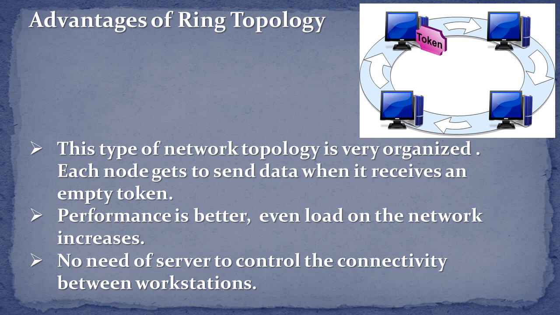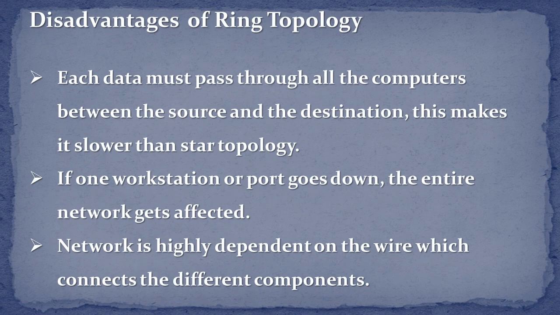There is no need of a server to control the connectivity between workstations. It means there is no need of any server to control other workstations. So this is a good advantage of ring topology. Next, what are the disadvantages of ring topology?